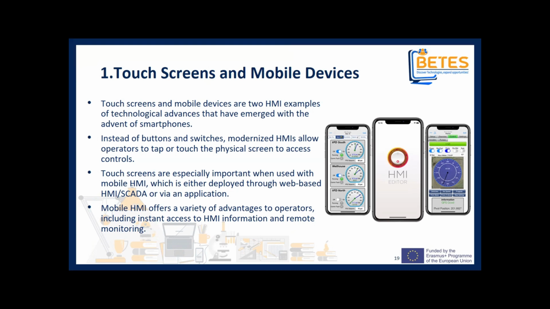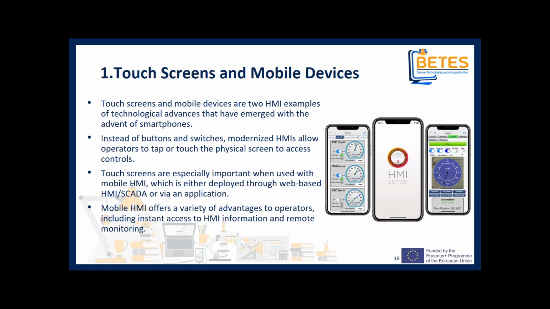This is an HMI in a touch screen. What we just discussed. The HMIs in mobile phones can give us the flexibility and the availability of anytime, anywhere I can see the temperature or the data I need to see in my mobile phone.